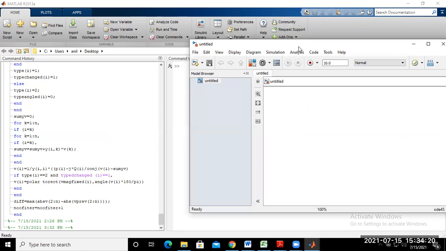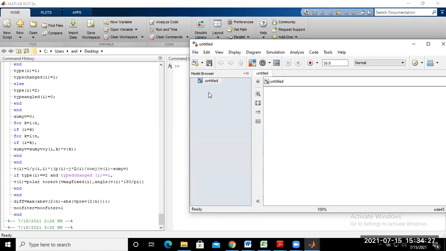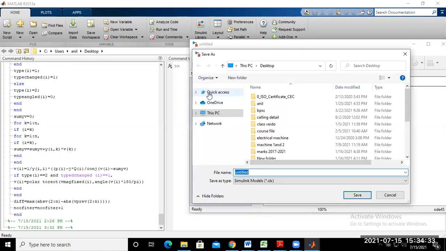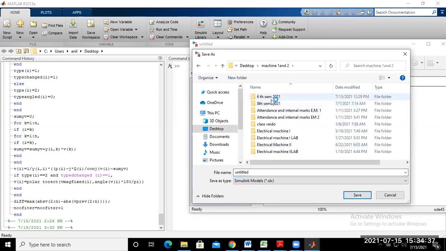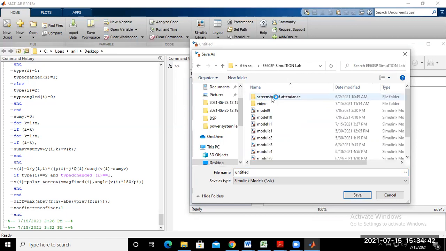This untitled model may be saved as model number 12. So save as, in this folder, Simulink library lab, model number 12.